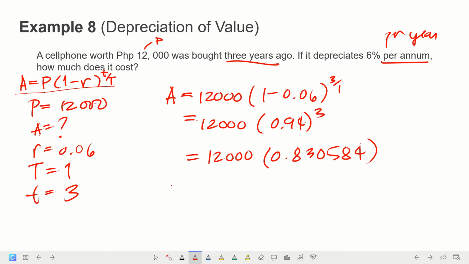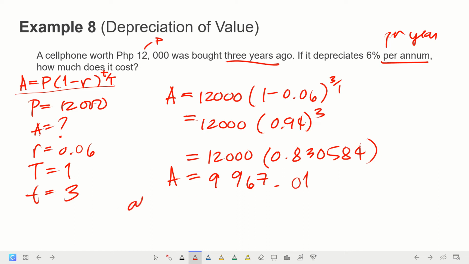So the cell phone, after 3 years, the cell phone is worth 9,967.01 pesos.